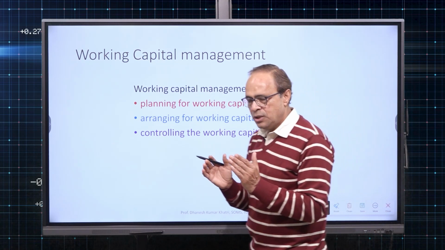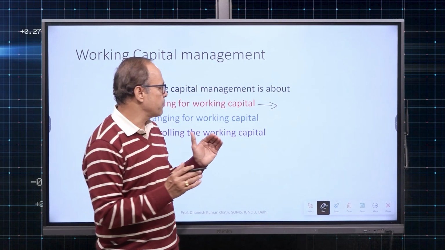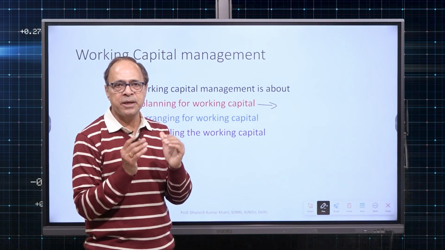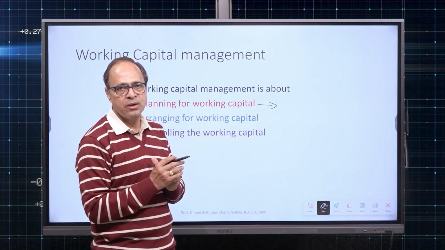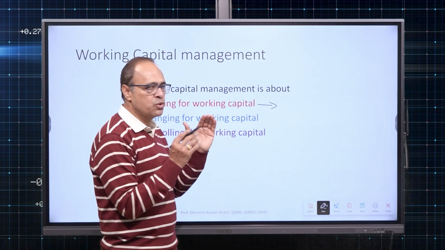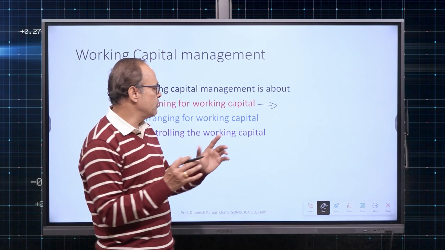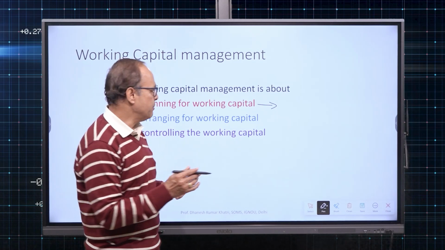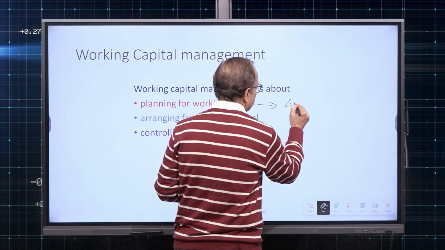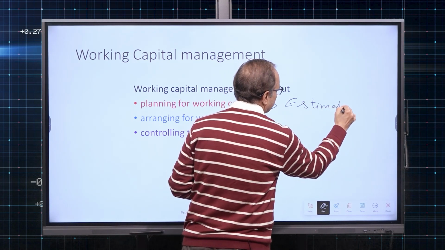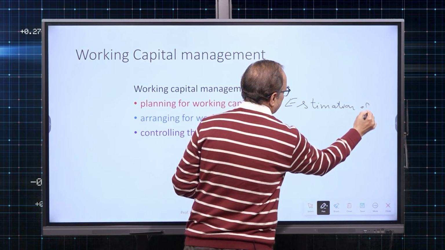Suppose your business organization is planning to go for production of 20 lakh units of one particular item next year. So, for the production of those 20 lakh units, how much working capital is required? That will be planning for working capital. That means estimation of working capital needs.